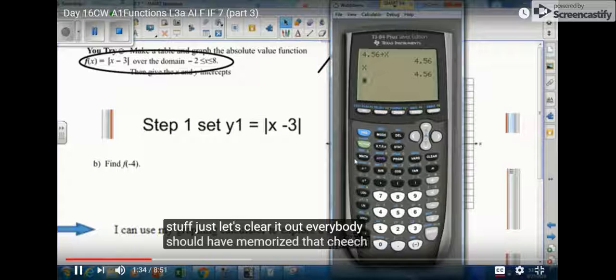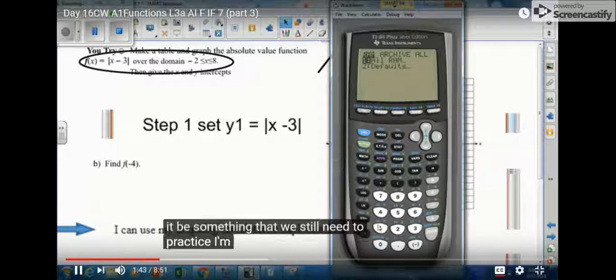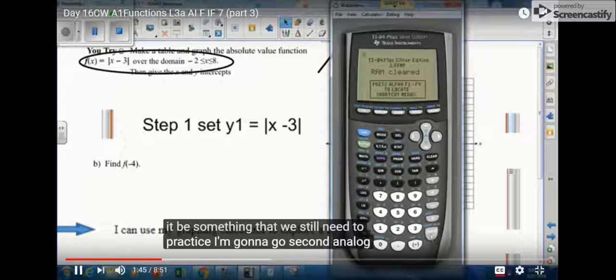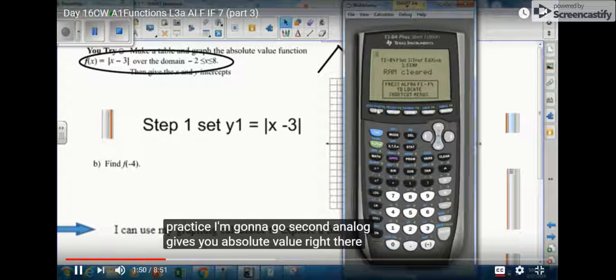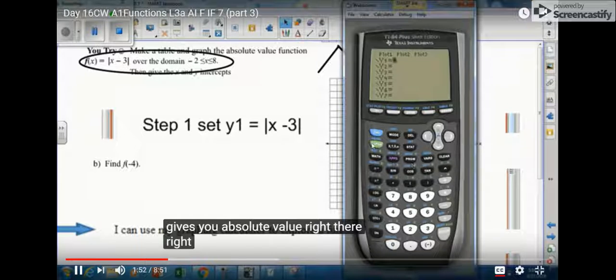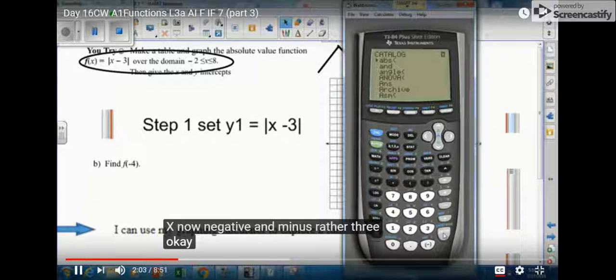Everybody should have memorized that cheat by now for the calculator. Now this may be something we're still going to need to practice. We're going to go second, catalog. There's your absolute value right there. Hit enter. X now minus 3. Scroll to the right.